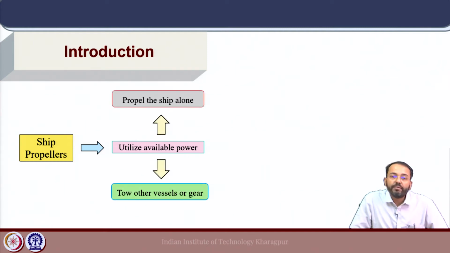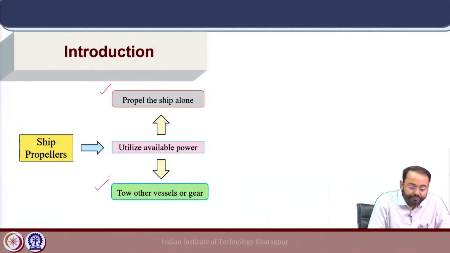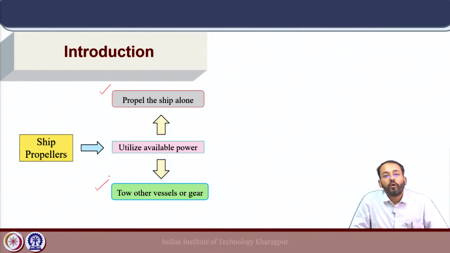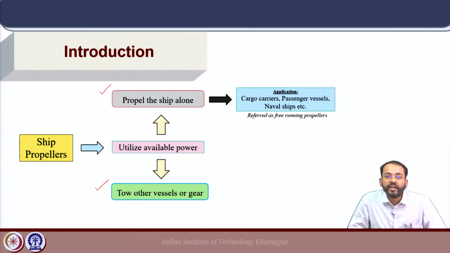Now, this available power which is utilized by the propeller can be used for two different functions depending on the type of marine vessel on which we are using the propeller. For example, the first one is to propel the ship alone, which is the primary function for all marine vessels, and the second one is to tow other vessels or gears, which is special for specific kinds of ships that we will look into.